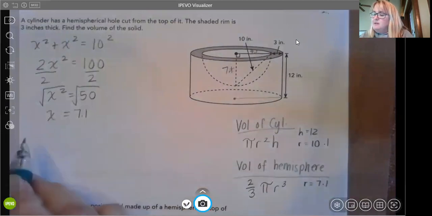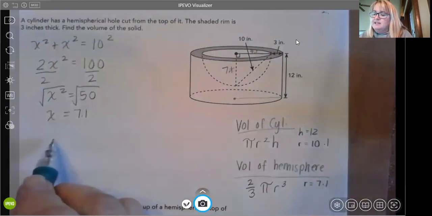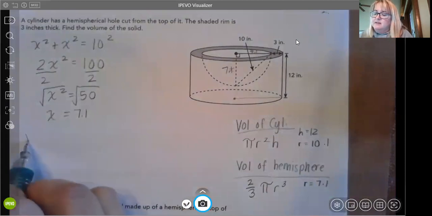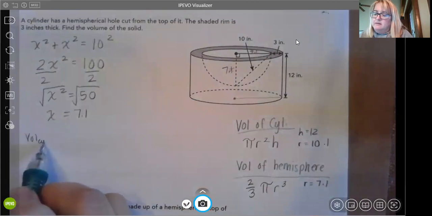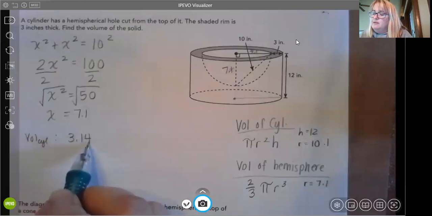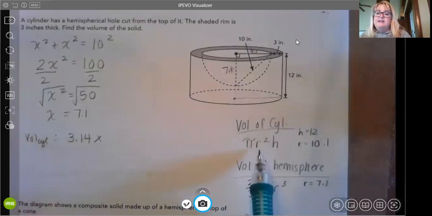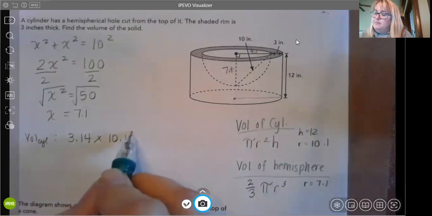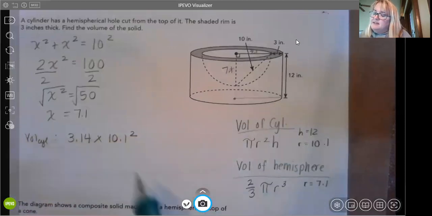So we've got to figure out the volume of the cylinder. The volume of the cylinder is 3.14 times the radius squared. Well, we said the radius is 10.1 squared times the height, which is 12.